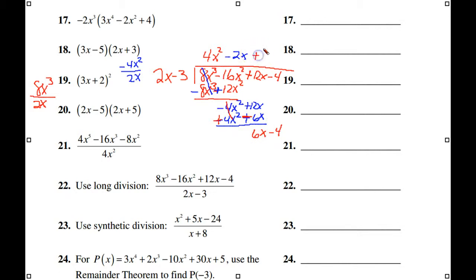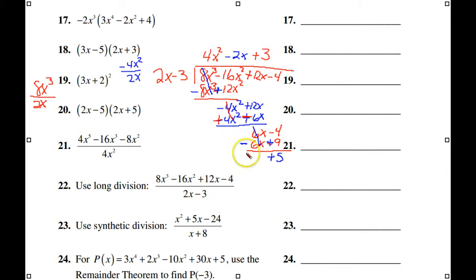Thinking ahead here. So 2x times 3 is 6x. A negative 3 times a positive 3 is a negative 9. So what do we do? We change our signs and add. This cancels out. I end up with a positive 5 remainder.